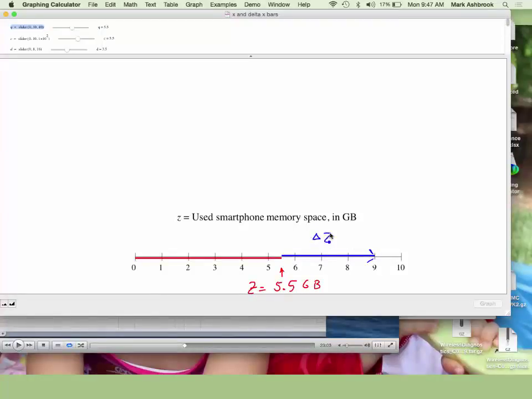We're going to download something that's going to require 3.5 gigabytes, and so that's the change. That's the change. So then what's the case after this all happens?